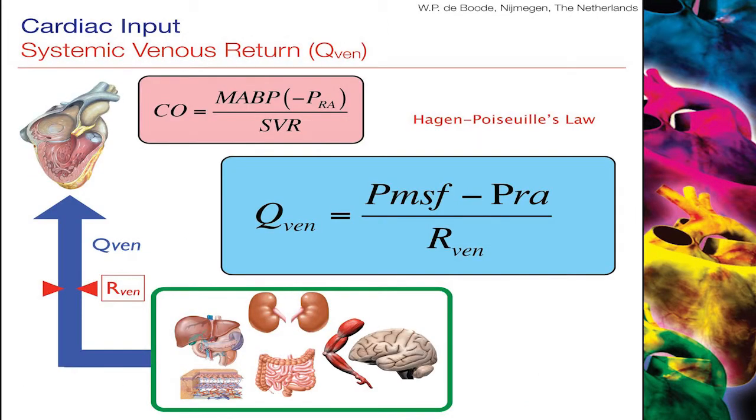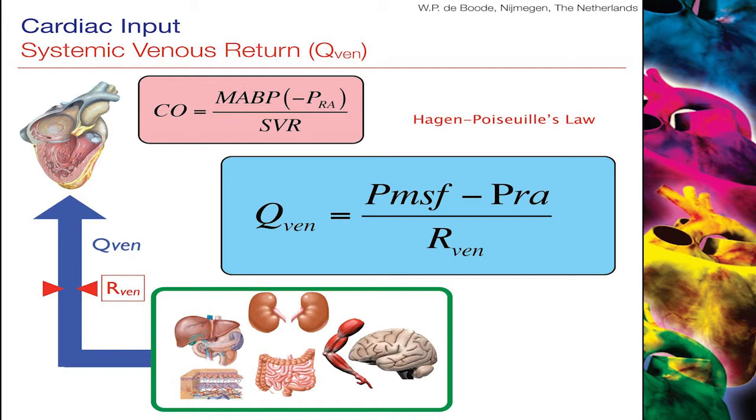So let's have a look at systemic venous return. We already saw the Hagen-Poiseuille law. We used that for the cardiac output, but can we also use that for the cardiac input, venous return? Yes, we can. What we need is a driving force.